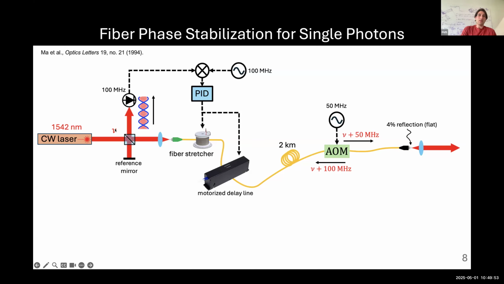As the light makes it back to the sending station, we get this heterodyne beat note that carries phase information only, and we're really not sensitive to amplitude fluctuations, which is actually crucial if we want to make very good phase measurements.